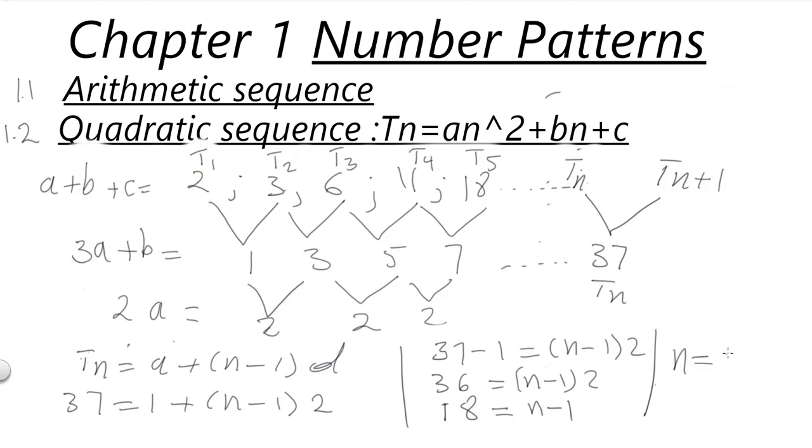So this 37 will be T19. Therefore we say this 37 is between T19 and T20. All right.